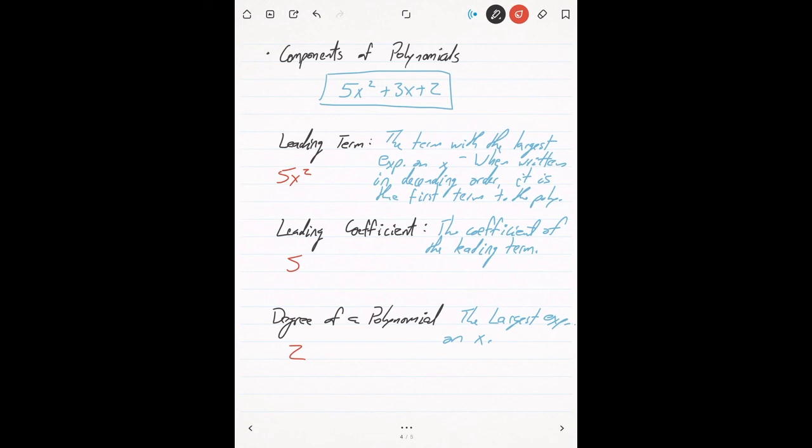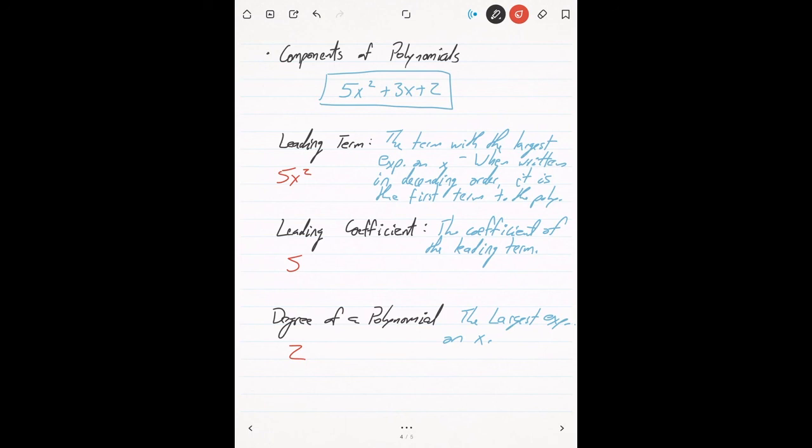Now, these definitions to us are really just simple vocab terms right now, but we will use them later on, especially in intermediate algebra and algebra 2, when you start talking about different types of polynomials and the graphs of them. You'll realize that the degree of the polynomial tells you a lot of information.